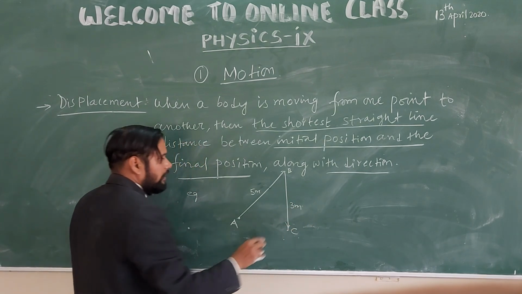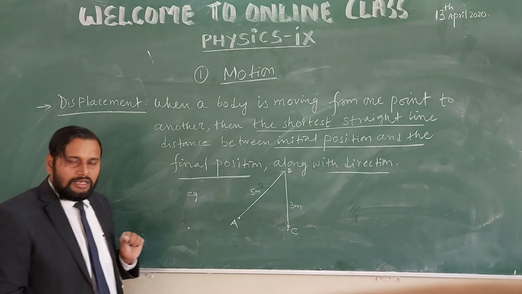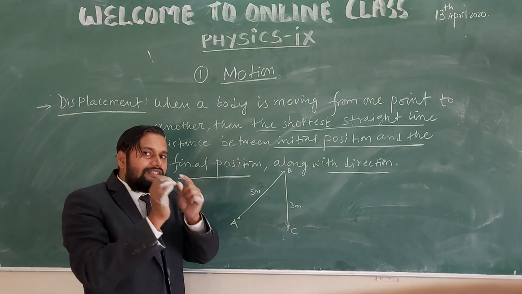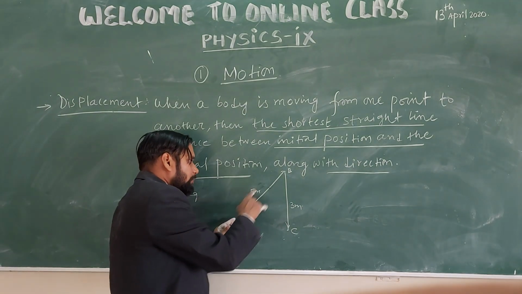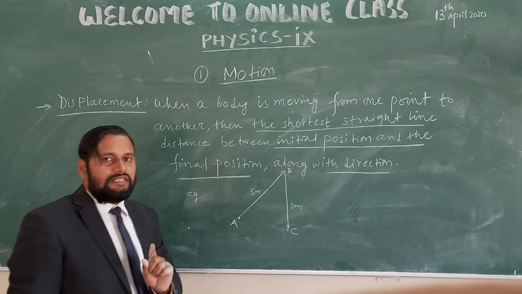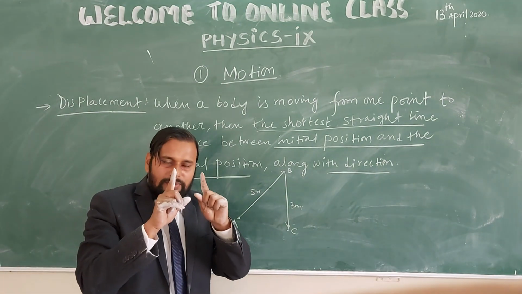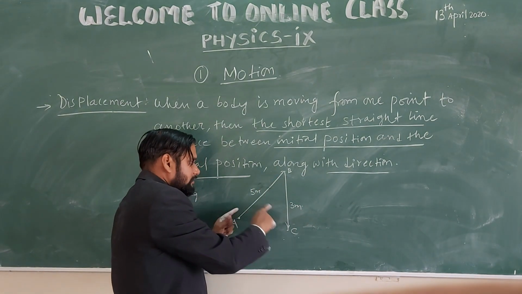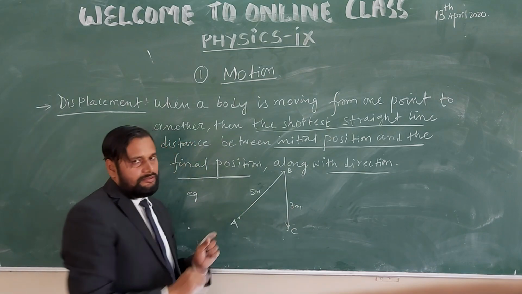So if you ask me how much distance this body has covered from point A to point C, then I will tell you that the distance traveled by the body from point A to point C is 5 plus 3 equals 8 meter.